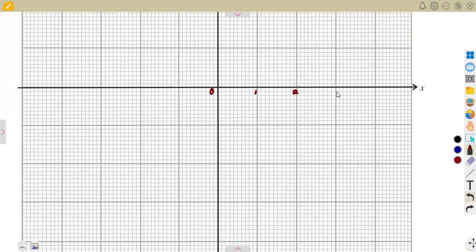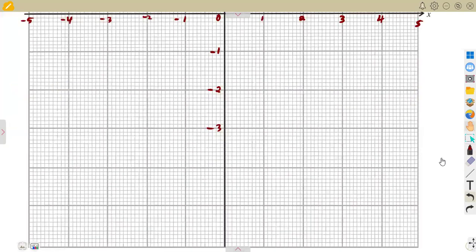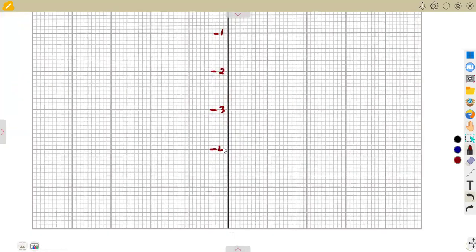So I've got 1, 2, 3, 4, 5, just like the previous case, and -1, -2, -3, -4, -5. You're just going to indicate your Cartesian plane properly.